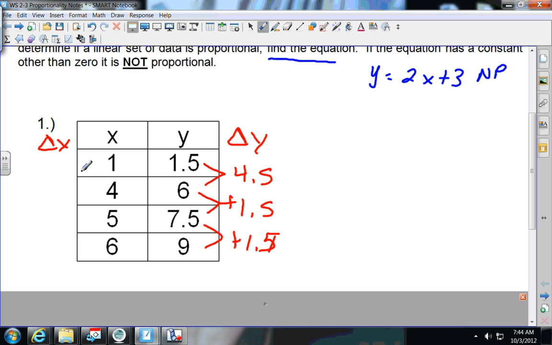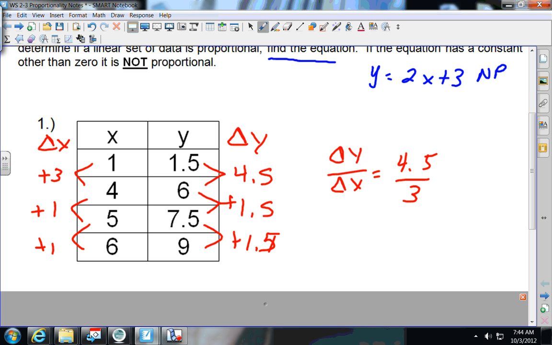Delta x is plus 3, plus 1, plus 1. Delta y over delta x, 4.5 divided by 3 is 1.5. Then you have 1.5 over 1, which is 1.5.